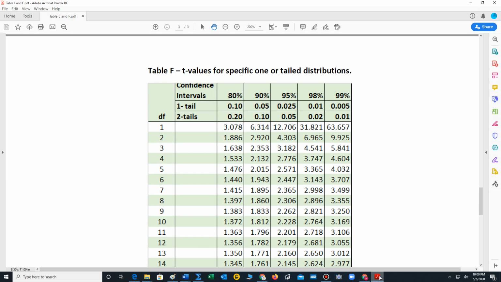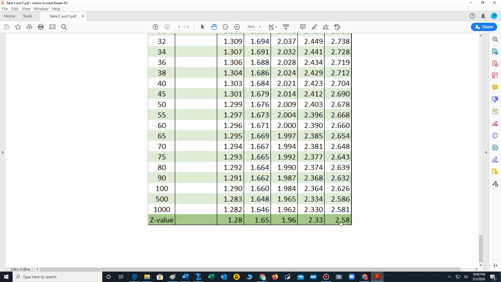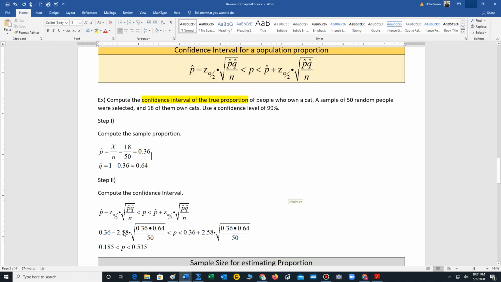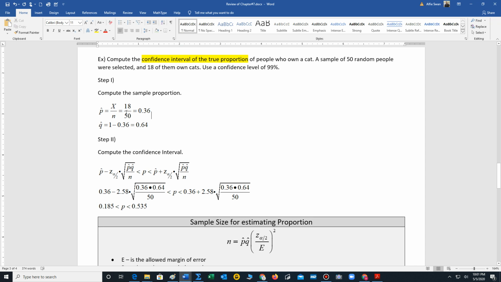We don't use the t-value here. So let's go to table F again. We're going to look at the last column for 99% and go all the way down to the very bottom. And that's going to tell us what our z-value is. It's 2.58. And so I insert 2.58 in the formula along with these other values.